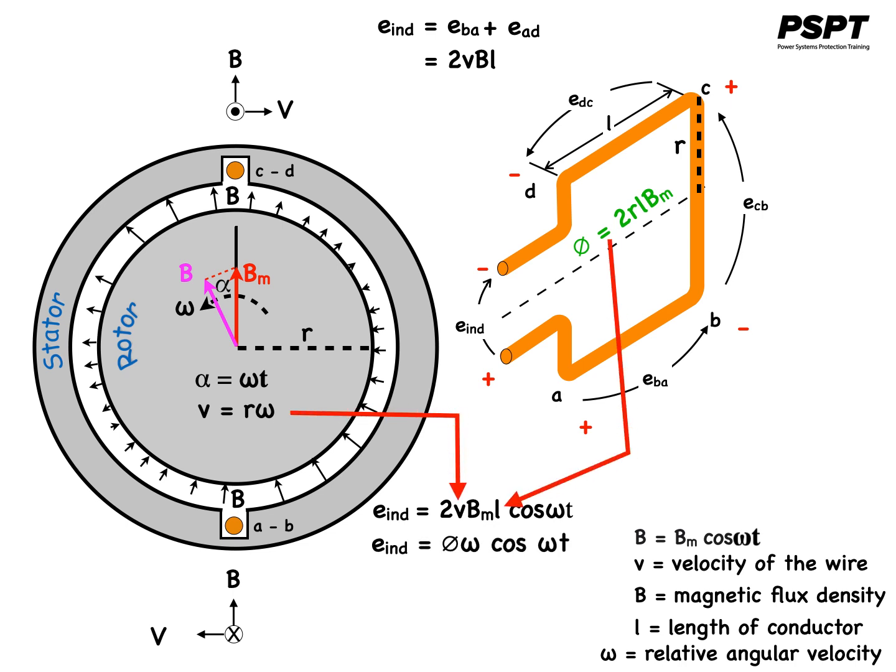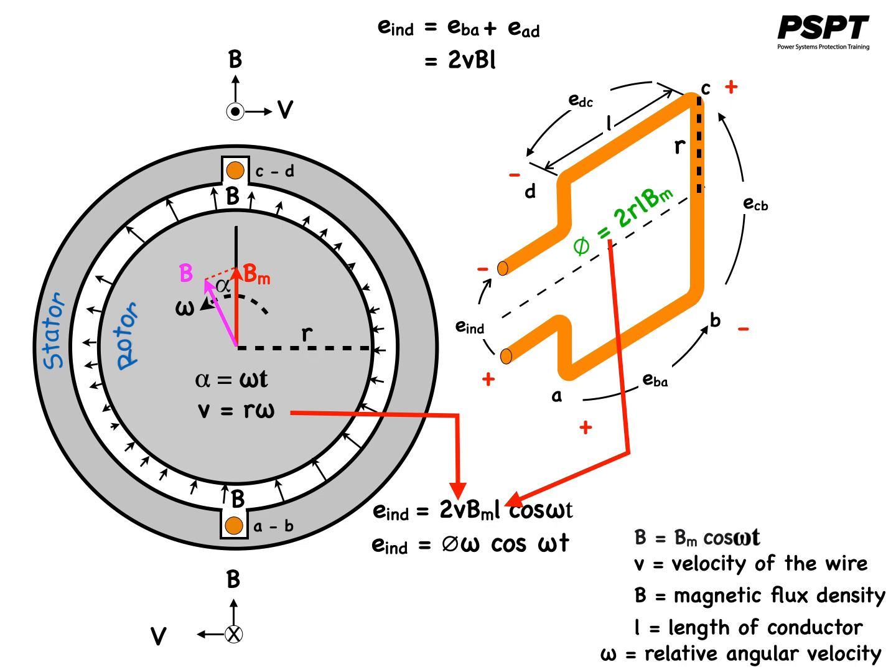Using these two equations, we can rewrite the equation for the induced EMF. E induced is equal to phi omega cos omega t. It is important to remember that omega is the relative angular velocity, meaning that it is the difference between the coil speed, which is 0, and the speed of the magnetic field as it moves past the conductor coils.